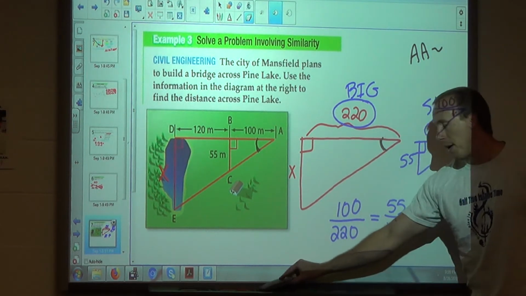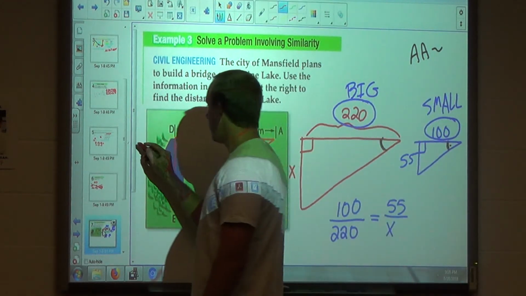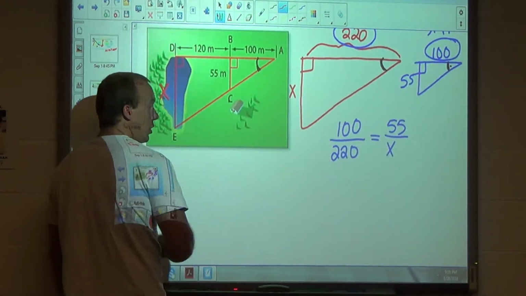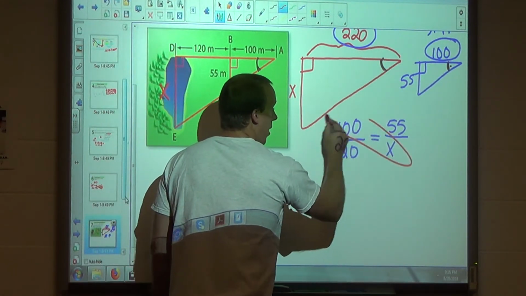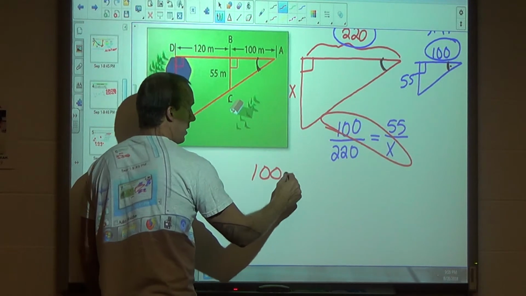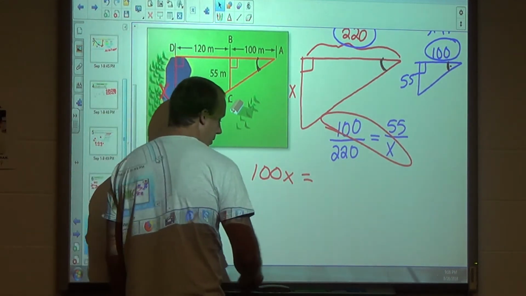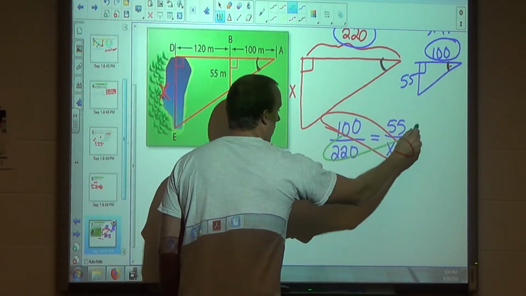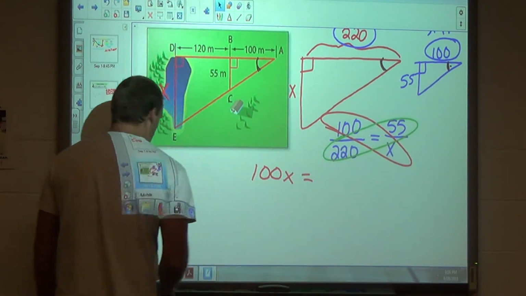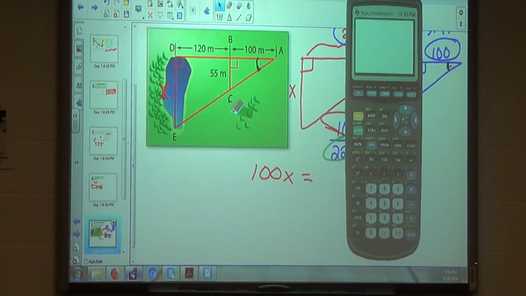How do you solve a proportion in math? Cross what? Multiply. So, what do I get when I do that? I get 100x. And then you put an equal sign in between that cross product. And then I'm going to multiply here. And I don't know that off the top of my head, so you guys are going to get your calculator out, just like me.